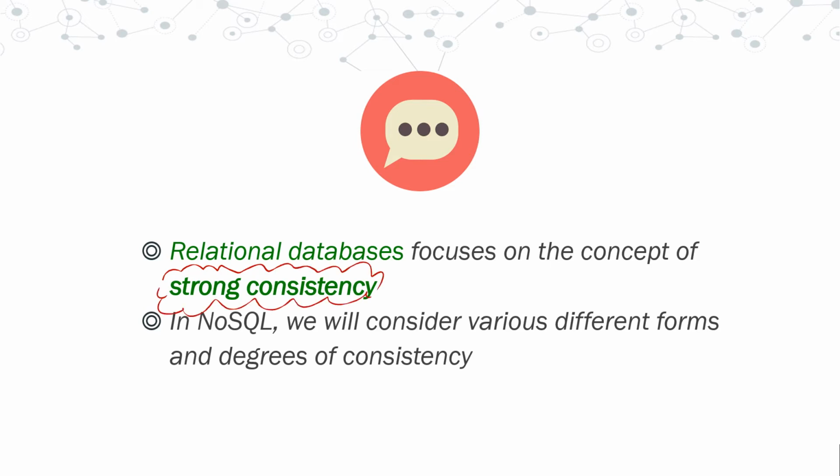That means in relational database technology, the focus is on strong consistency, while in NoSQL, we usually give certain relaxation and consider various forms and various degrees of consistency, not only very strong one. But of course, whether we emphasize strong consistency model or not depends on the application requirements.